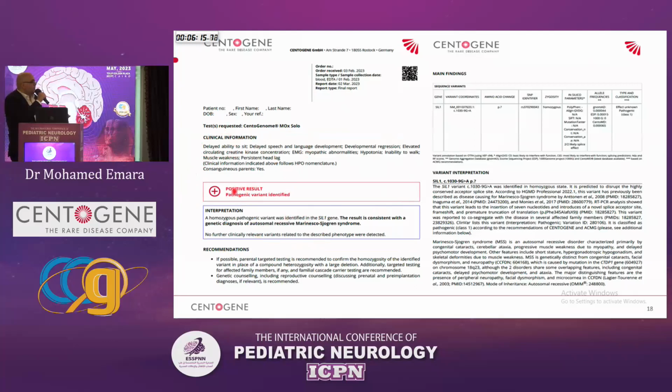Whether the result is positive or negative, we then give the interpretation of the result, showing the zygosity, whether it is homozygous or heterozygous, in parallel with the disease. Then we interpret the gene itself, and we state what this variant could cause for the patient's phenotypes.